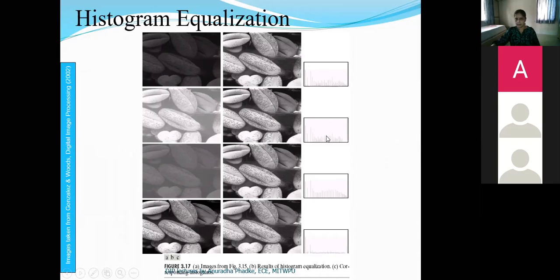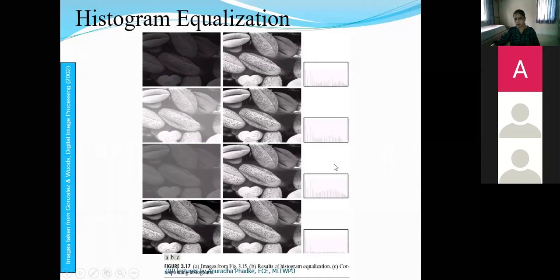Now, if you compare all these four histograms, the similarity in these four histograms is that all these histograms are spread over the entire dynamic range, and they are approximately equal. Okay, they are not exactly identical because this new histogram depends on what the original contents are in the given image.